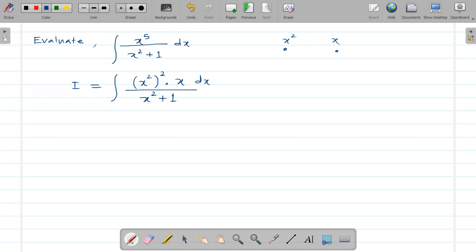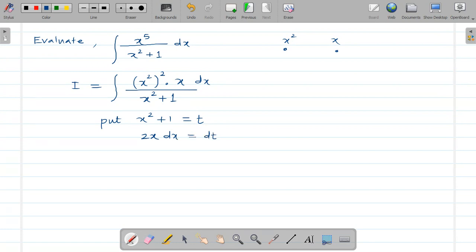Now after this adjustment I will put x square plus 1 is equal to t. Now if I put x square plus 1 is equal to t, then you will get 2x dx is equal to dt.